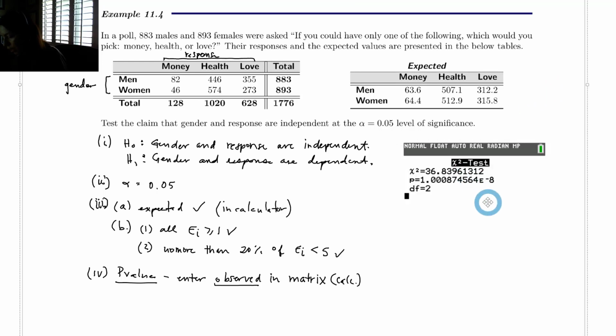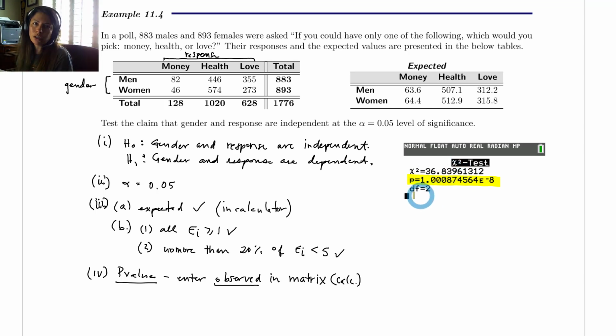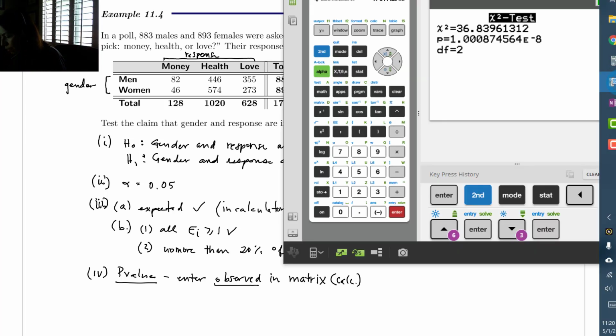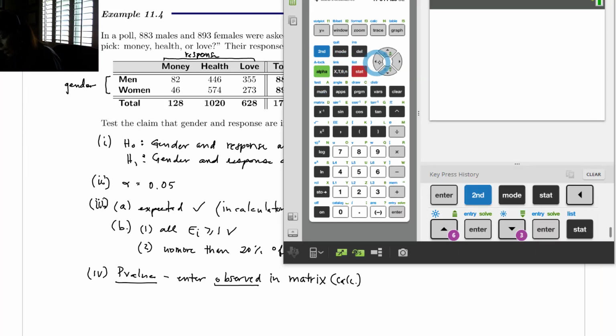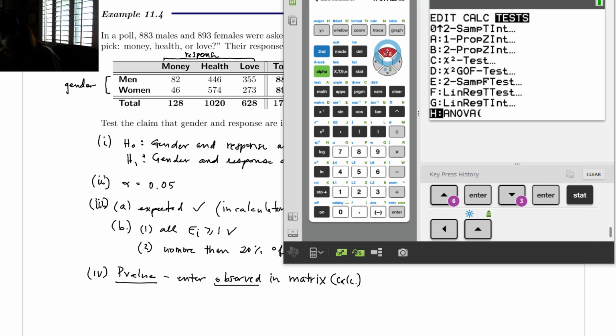And notice that here they give you the p-value, right? But they also give you the chi-square test statistic, and the only additional thing it gives you is the degrees of freedom. Otherwise, you could just go back to the calculator and hit stat and test, and then go up to chi-square and then hit draw.